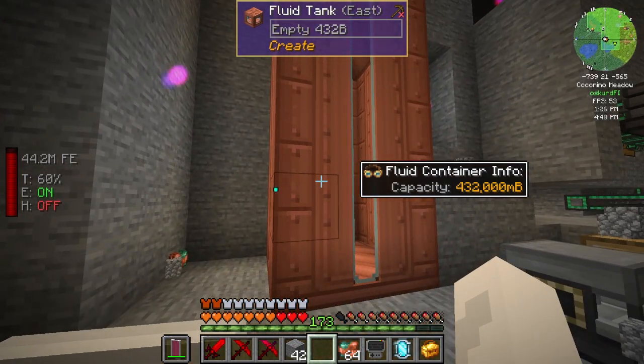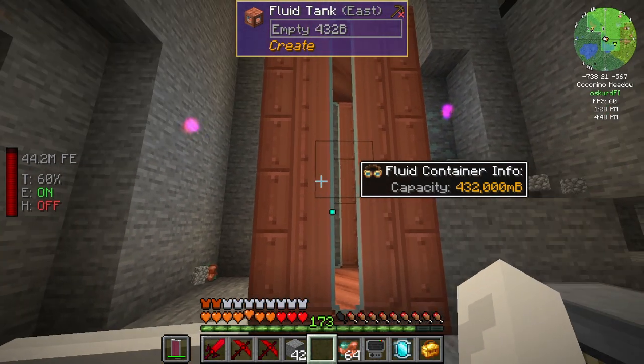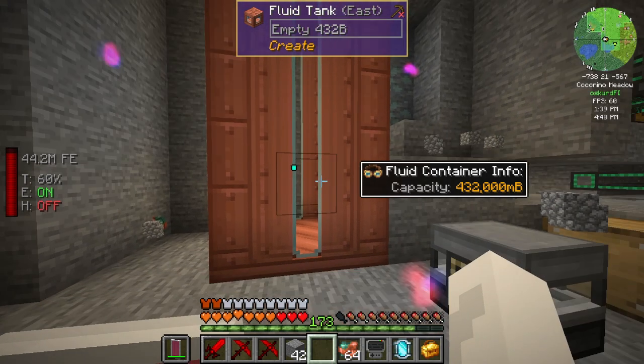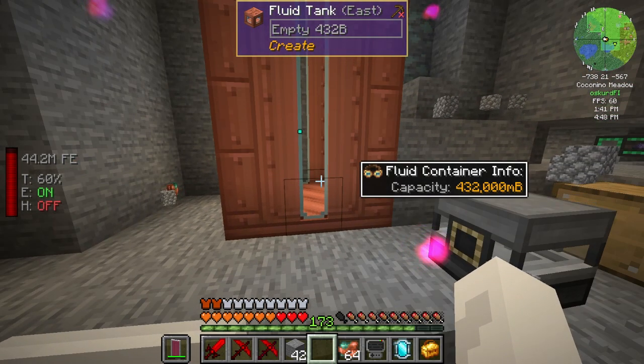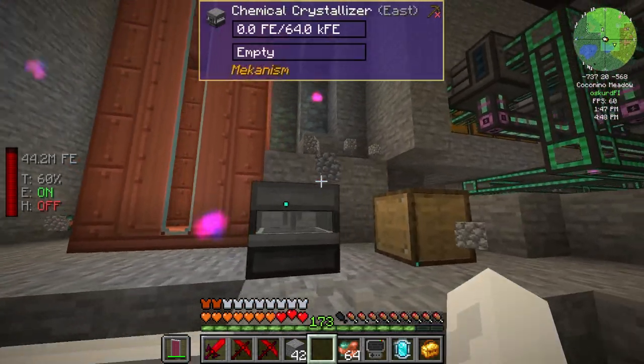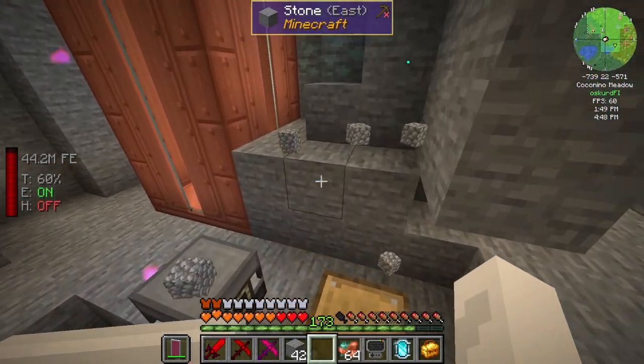And then we have a buffer tank of 432 buckets. Of course, this is nothing compared to what we could make with one tiny block with Mekanism, for example. But this just looks so much cooler, you know? That's why I'm making this.